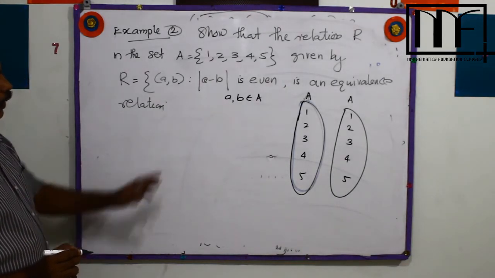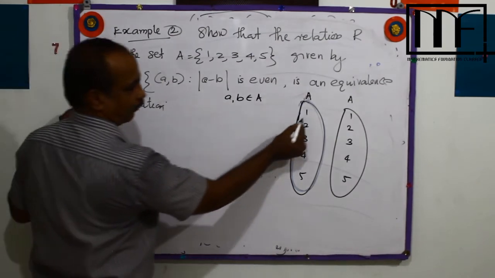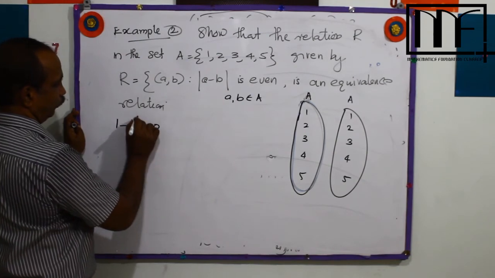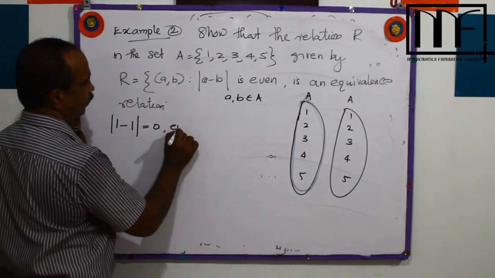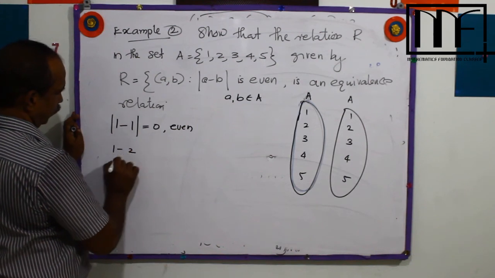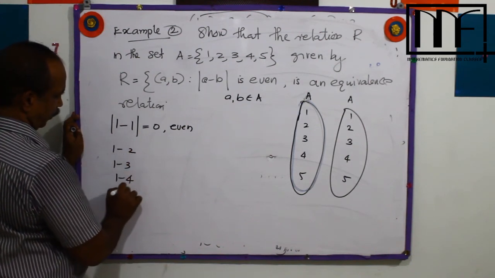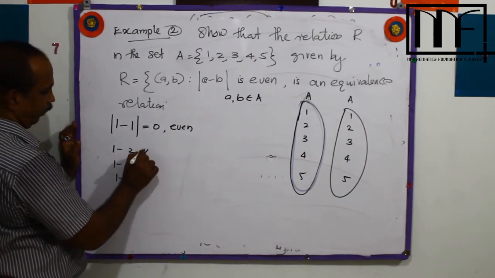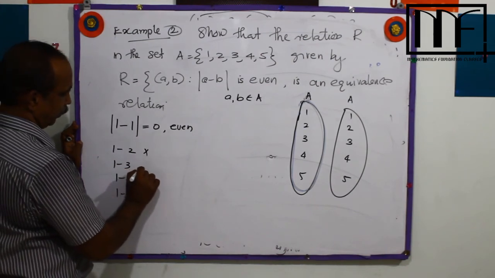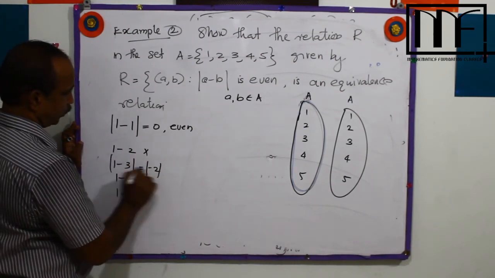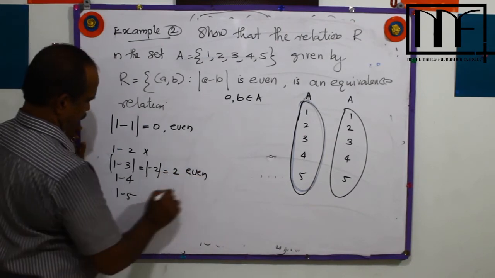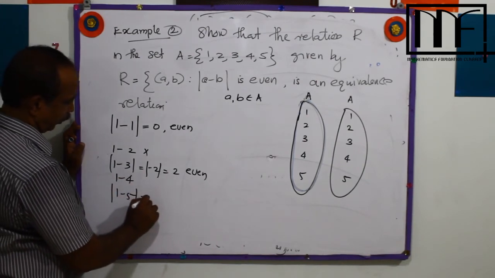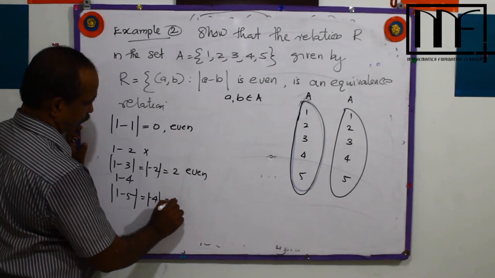Let us start from 1. 1 minus 1 is equal to 0, and 0 is an even number. Then take 1 minus 2, 1 minus 3, 1 minus 4, 1 minus 5. 1 minus 2 is negative 1, which is odd. 1 minus 3 is negative 2, and the modulus is 2, which is even. 1 minus 4 is negative 3, that is odd. 1 minus 5 is negative 4, modulus 4, which is even.